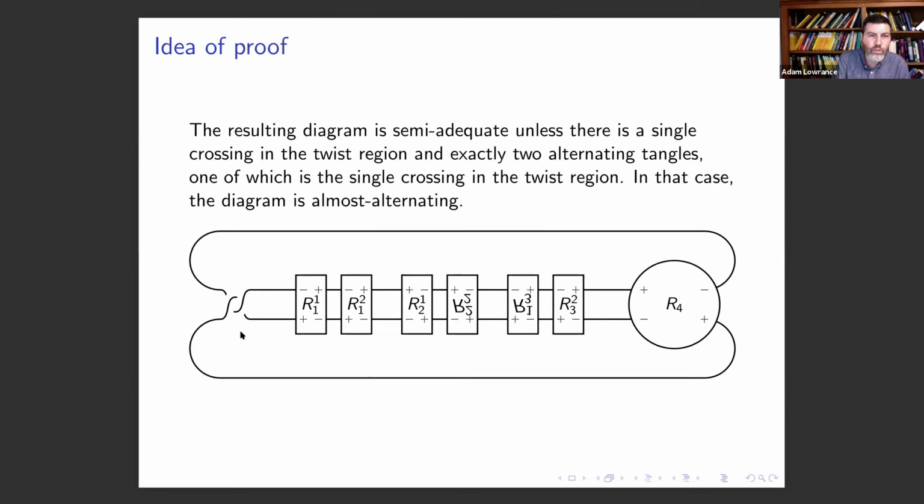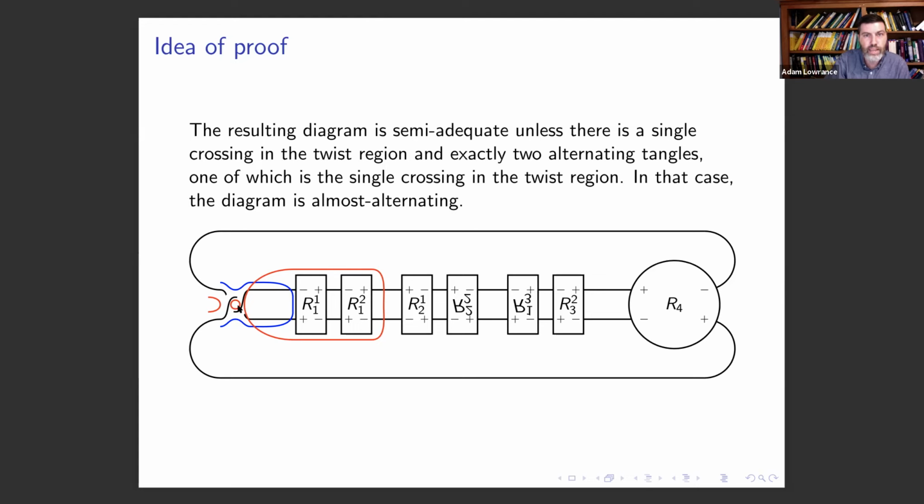And then start to think about what the all-A states and the all-B states look like here. The all-A state is in red, and I've drawn a picture of it. As long as you have more than one crossing here, you're not going to have an all-A state that touches its own component through here, because you put a little circle here.